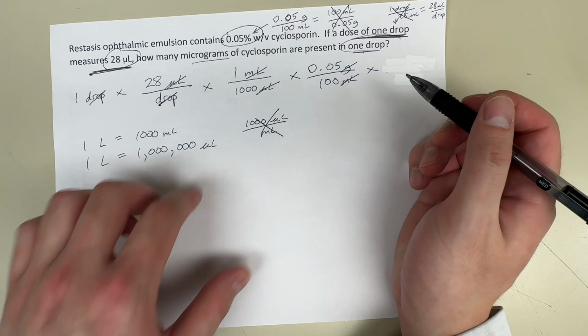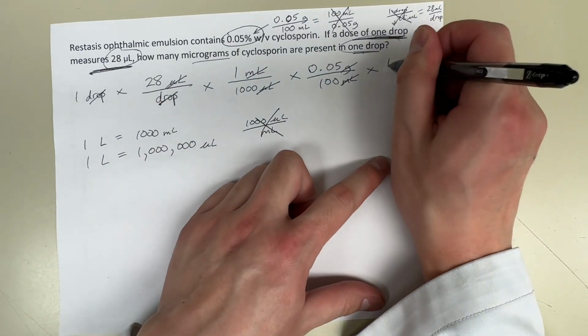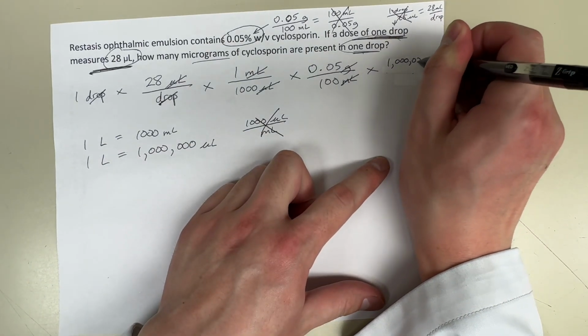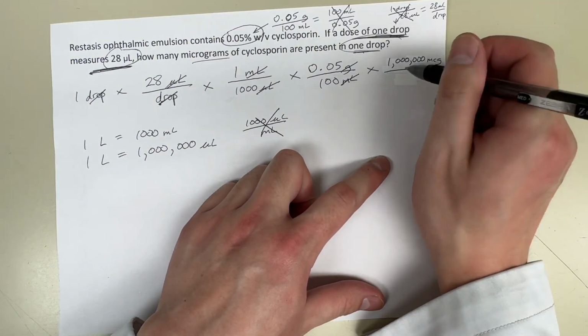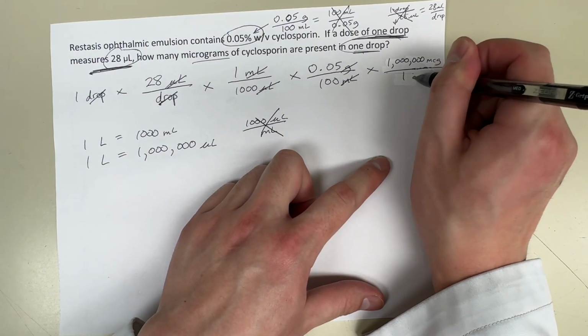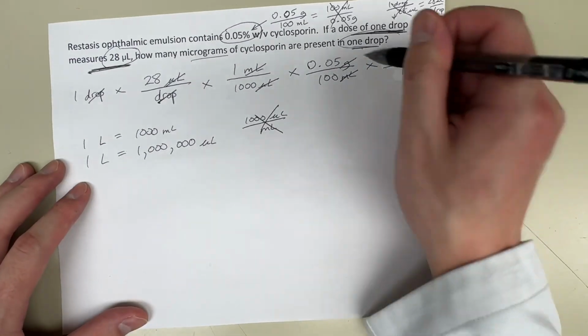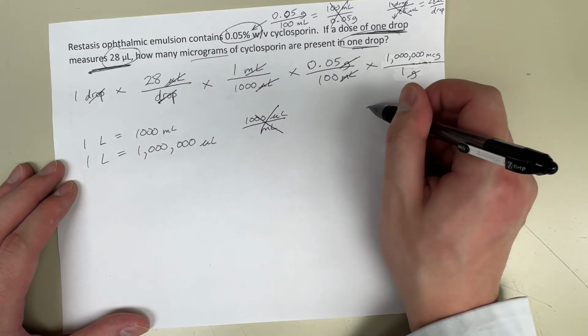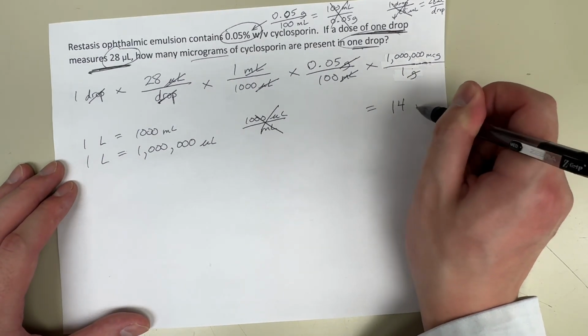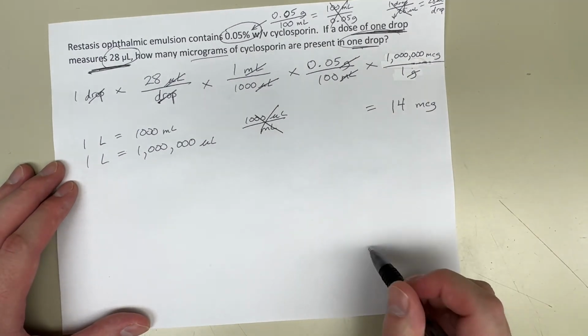So I'm going to multiply it by 1 million micrograms, you could also put 10 to the 6, doesn't matter, per 1 gram. Because I want grams and grams to cancel out here. And so when I solve for that, I get 14 micrograms.